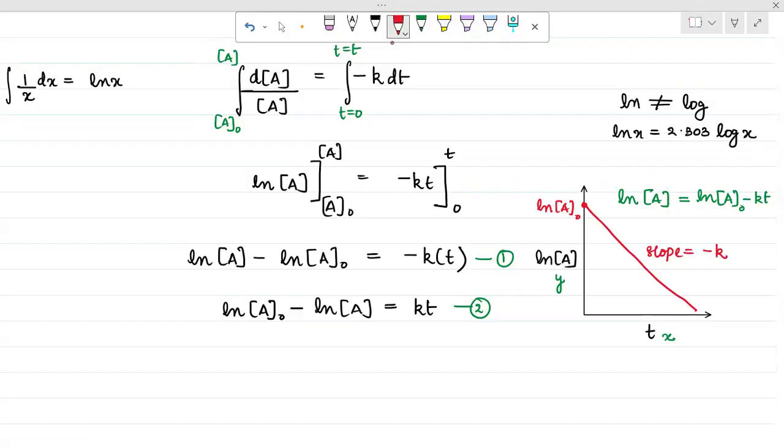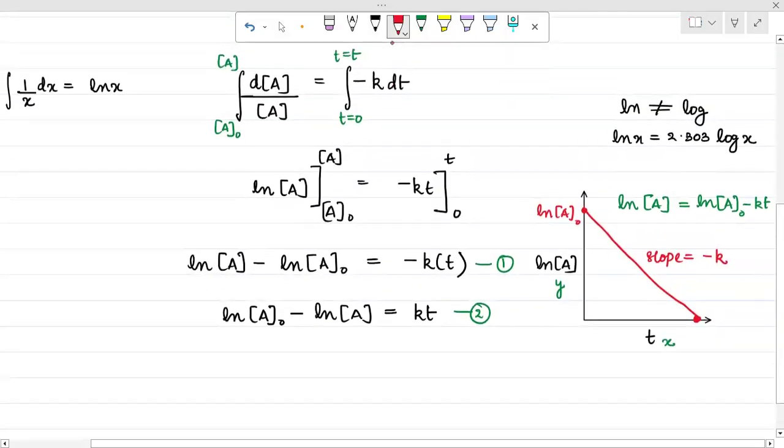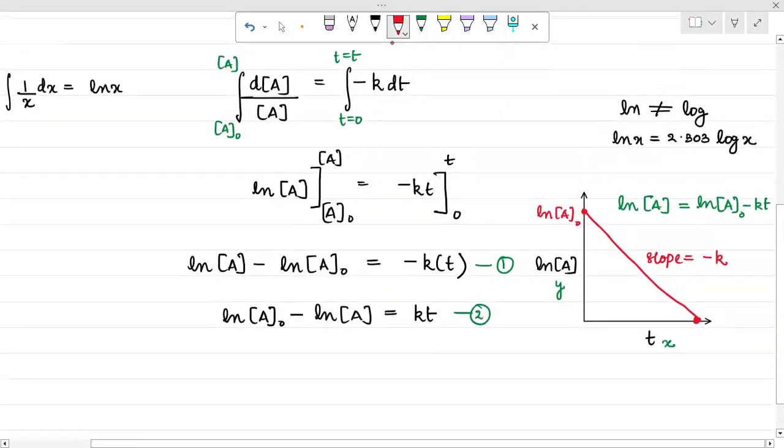It will touch the x-axis. I'll explain what this term is. You can extend the line until it touches. Okay. Fine.